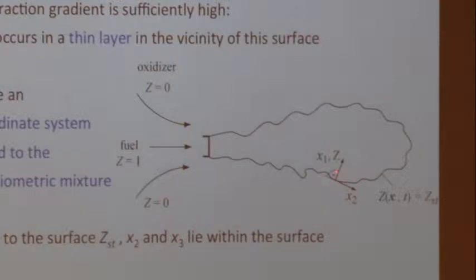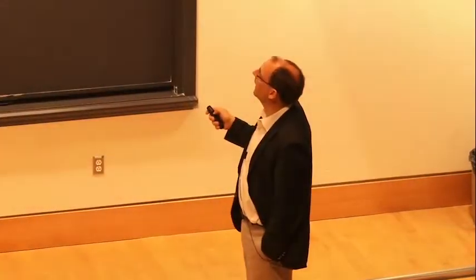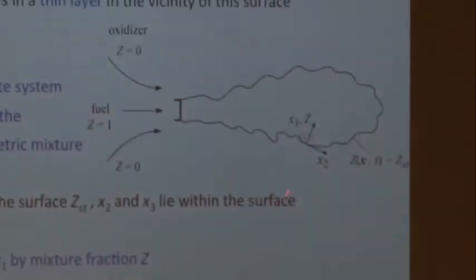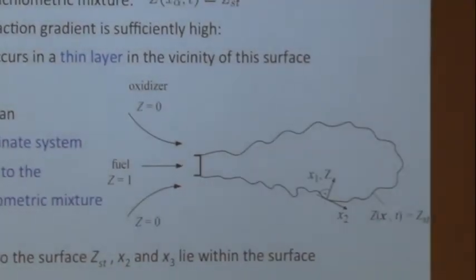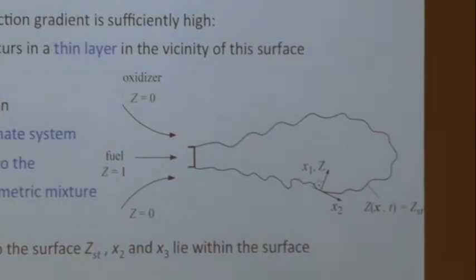We want to attach a coordinate system to the surface. We want to assume that locally, at this point in time, the coordinate system x, y, z, or x1, x2, x3, is attached to the surface. And we want to assume that at this point where we do the analysis, the x1 coordinate is normal to the surface of stoichiometric mixture, okay?